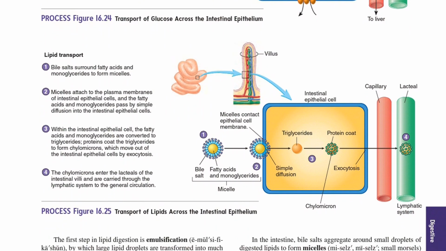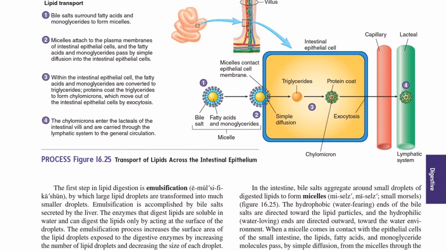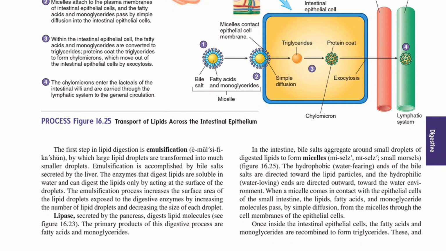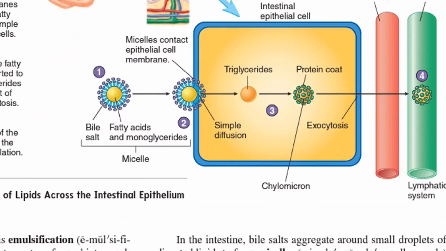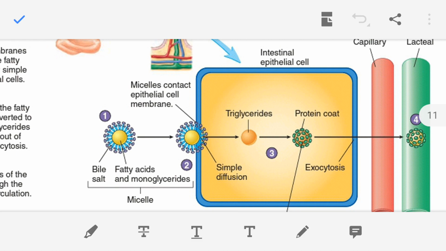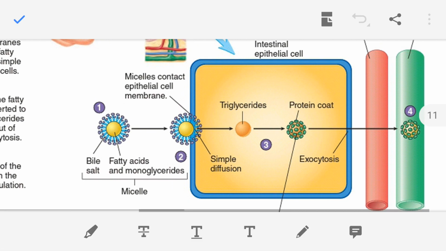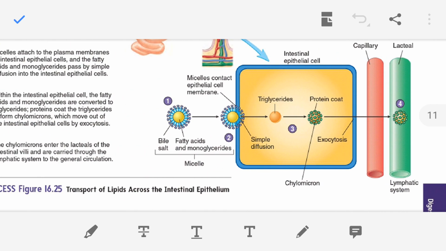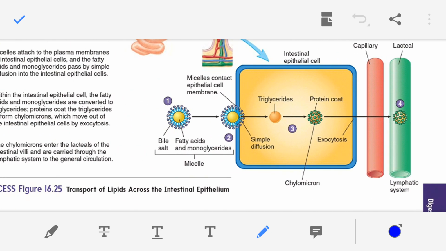Now let's talk about the lipids. What happens to lipids? So here you see, the lipid digestion and absorption. We now have the idea of what lipid digestion is and how the lipids are absorbed. Here this is the lumen, and in the lumen fatty acids are there, monoglycerides are there.